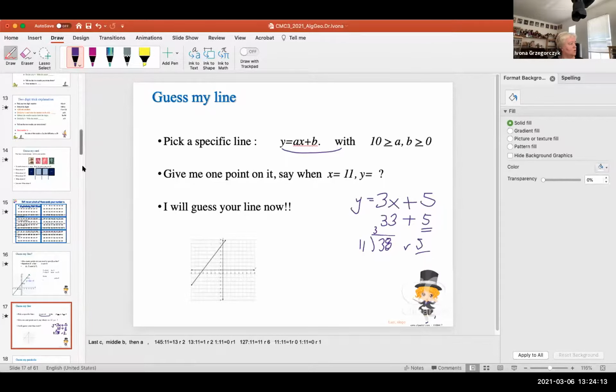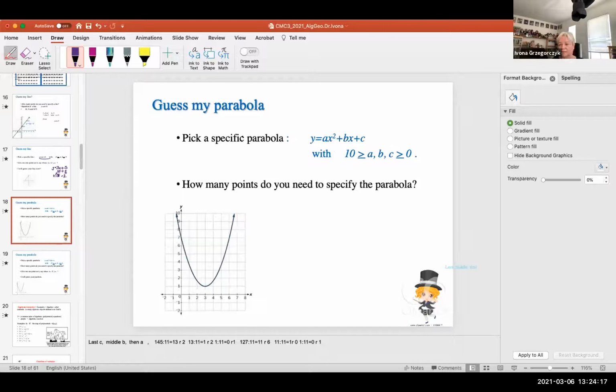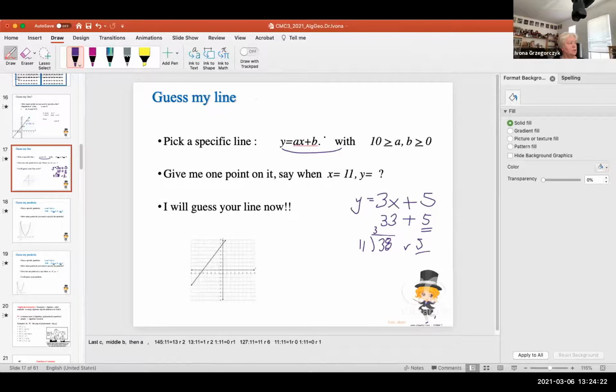Okay, now what if I'm going to the parabola? Going back to this one, what if I ask you to put x equal to 10? Then if you say, take this one and evaluate at 10, you will give me 35. I immediately would know that the remainder is 5, because I'm dividing by 10 now.